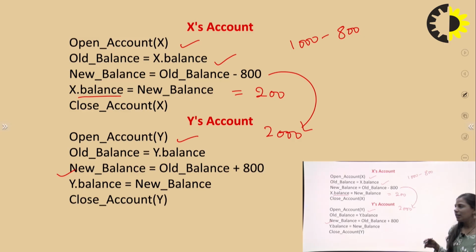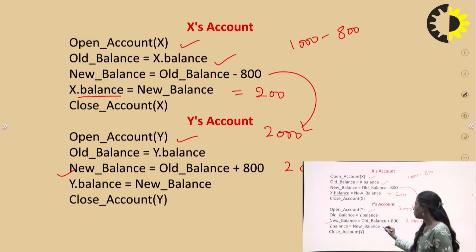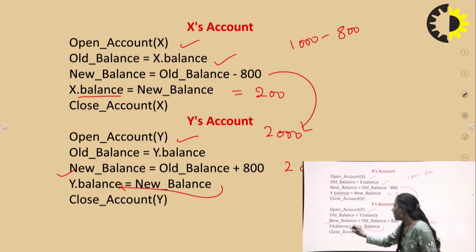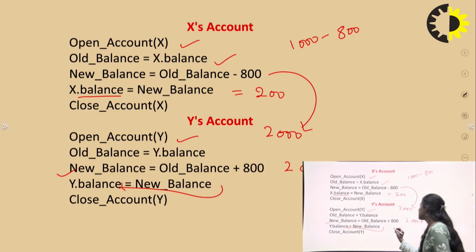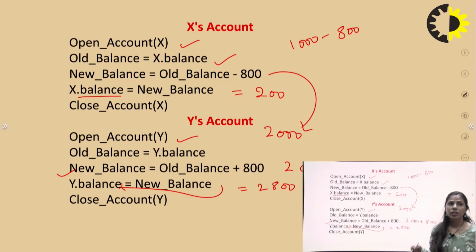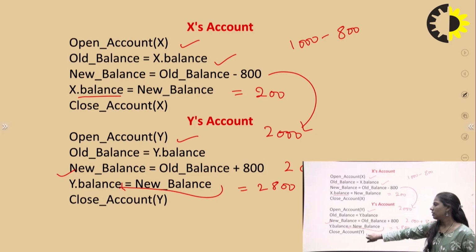So the new balance equals 2000 plus 800. Now it will be updated: the new balance goes into the Y balance, so the Y balance value will be equal to 2800. This is how the balance is updated. So this whole process is called the transaction, in which we transfer a particular amount. Then we do the last task, that is closing the account of Y.